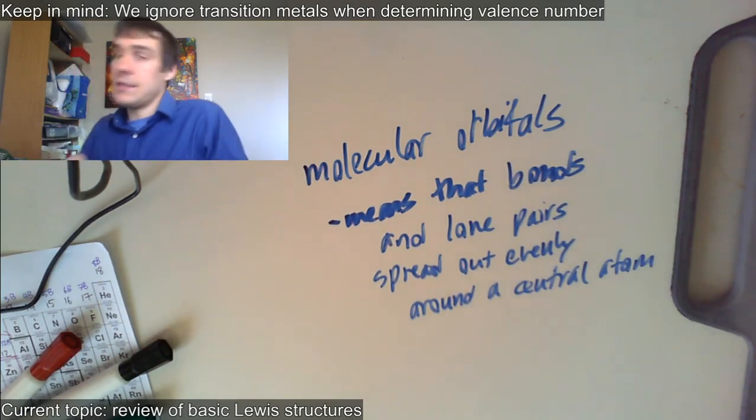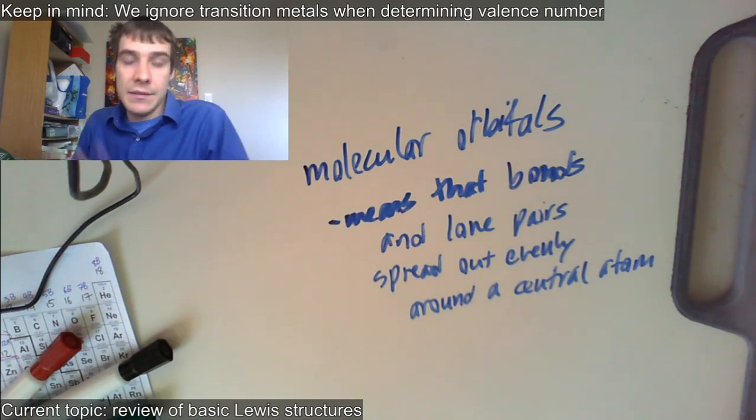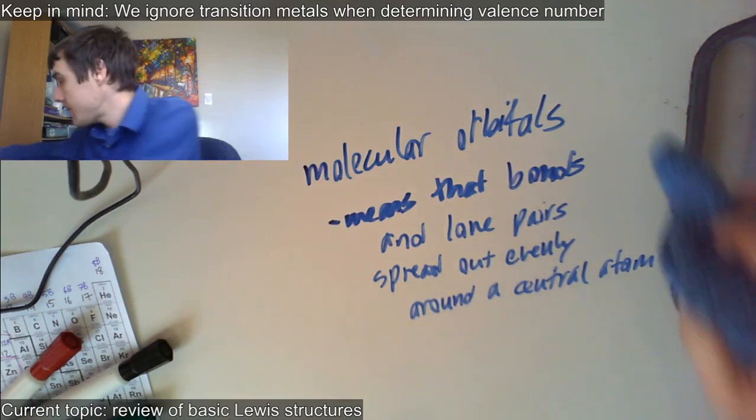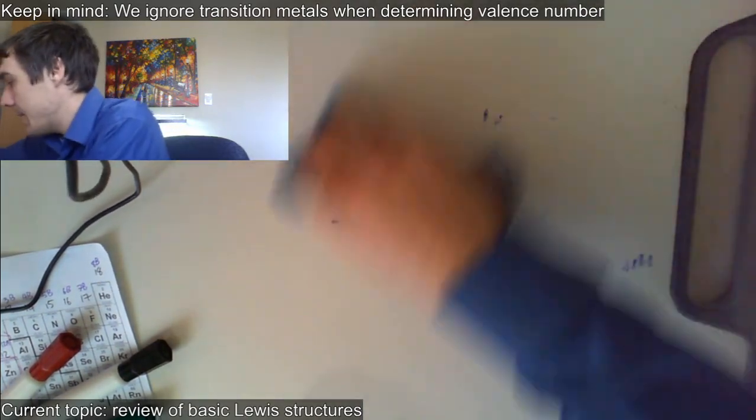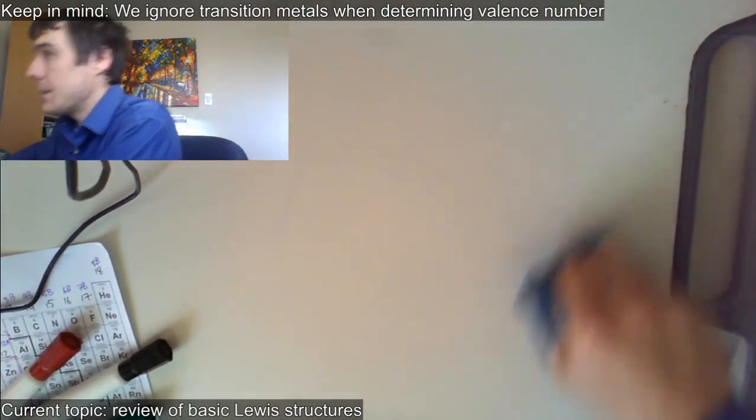So that basically provides the explanation for why Lewis structures are actually helpful, even though we now know that there's all of this orbital stuff going on.